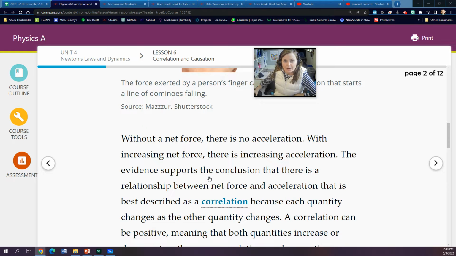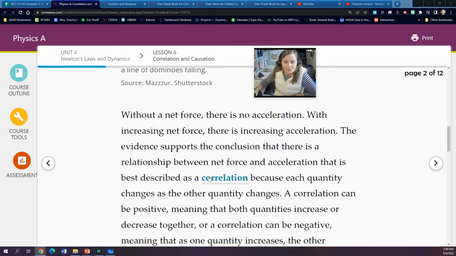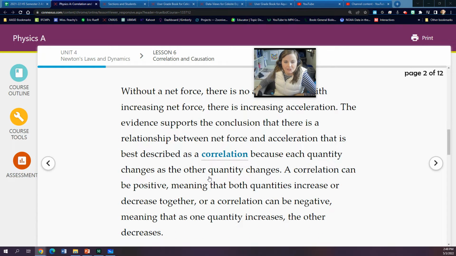So it says that you are basically correlating force and acceleration here. One quantity does seem to change the other quantity as well. So correlation means that the two are related in some way, shape, or form, right? There's some relationship there. We can't determine if one actually causes the other, but there's definitely a relationship.